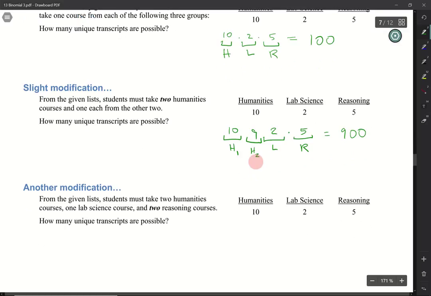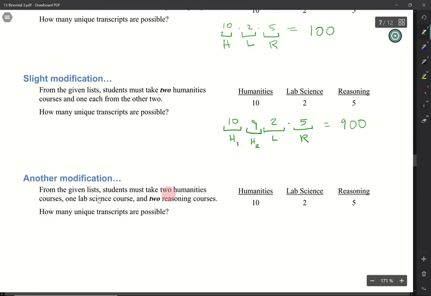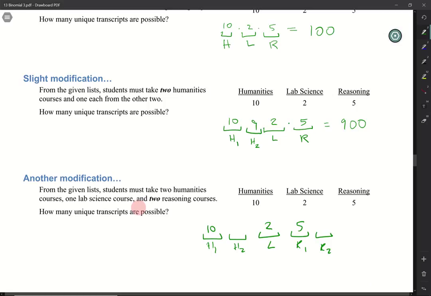Again, from the given list, you take 2 humanities courses, 1 lab science, and 2 reasoning courses. So again, H1, H2, a lab class, and now we have R1 and R2. The lab class is easy, the first reasoning and the first humanities are easy, so might as well do the easy ones first.